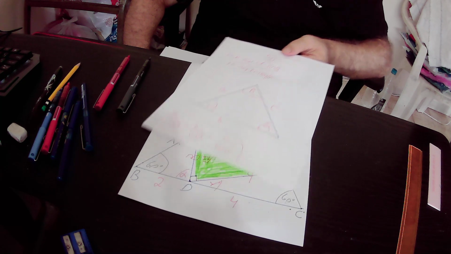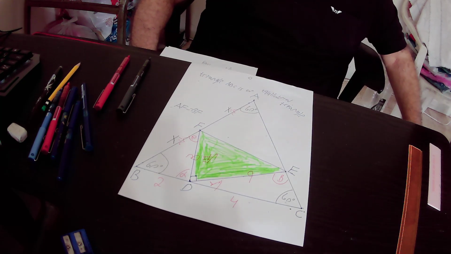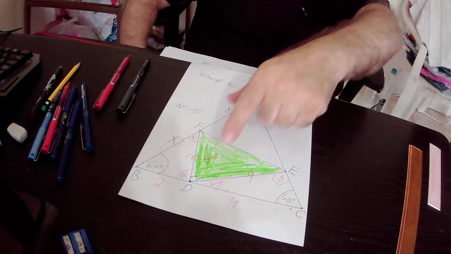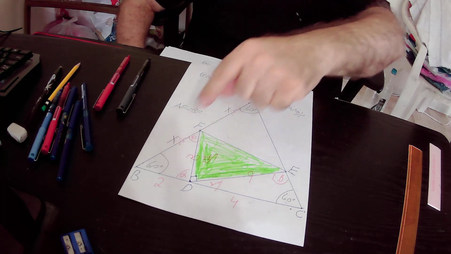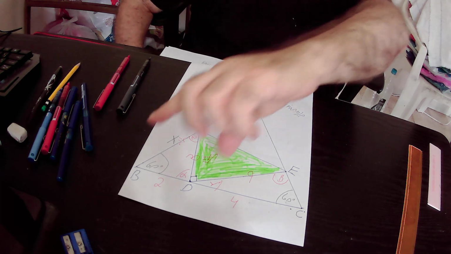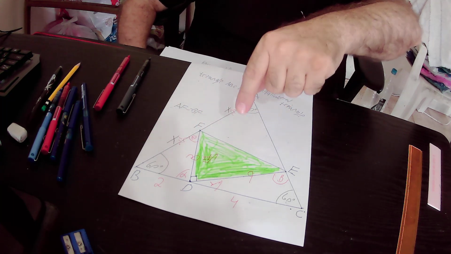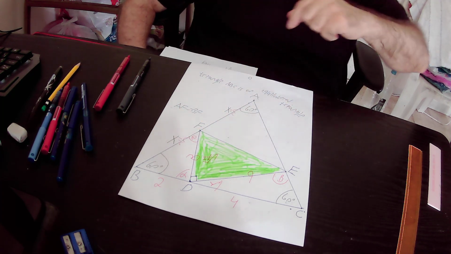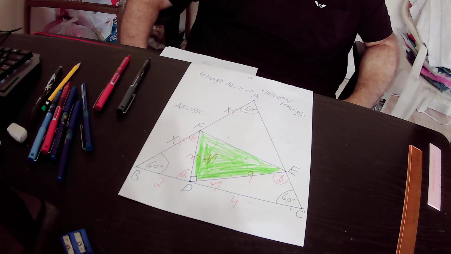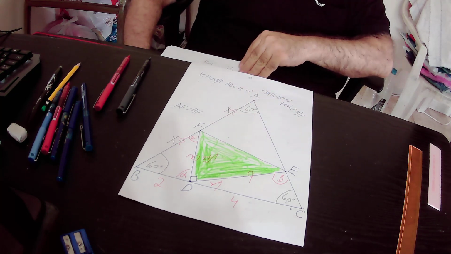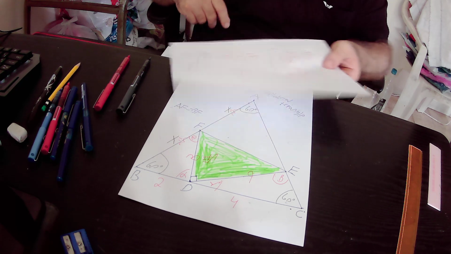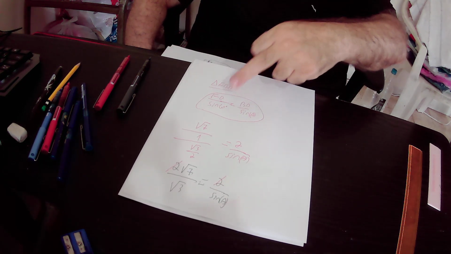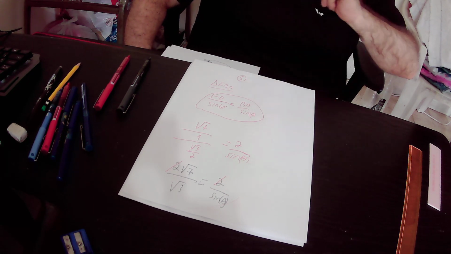The implementation of the law of sines in the small triangle FBD is FD over sine 60 degrees equals BD over sine theta.